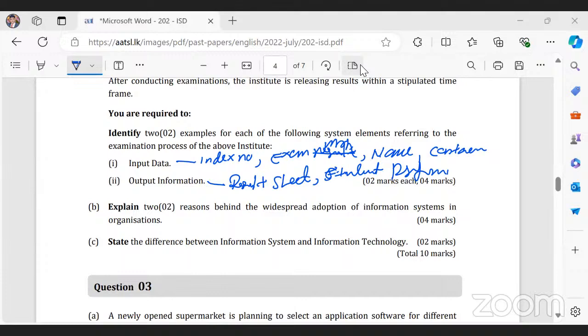What else? The speed, high speed data processing, higher accuracy.